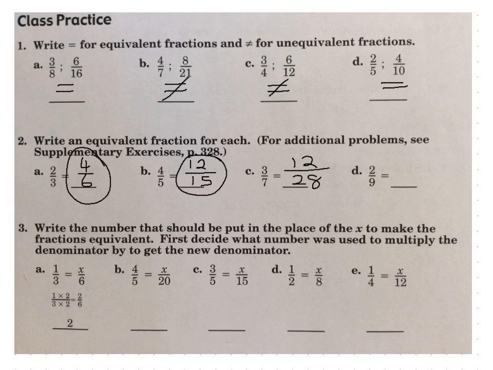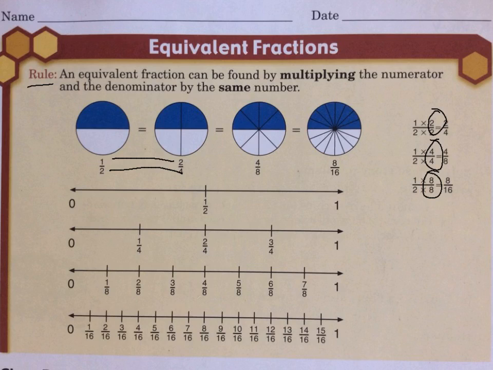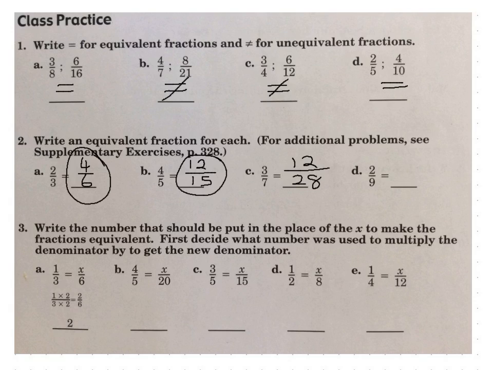Just like here we have numbers that are different, but they all equal when you look at the pictures. They're just cut differently. Alright, D, we got 2 over 9. Let's multiply it by 2. 2 times 2 is 4. And 9 times 2 is 18. We get 4/18.